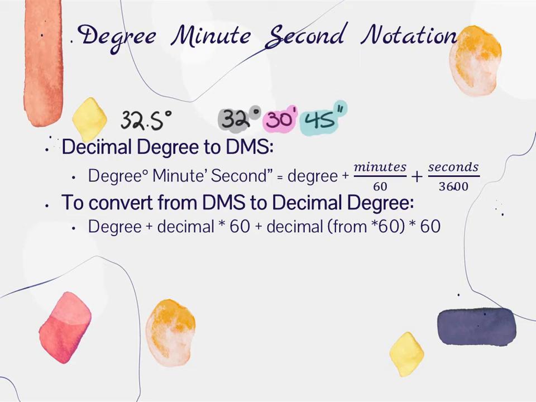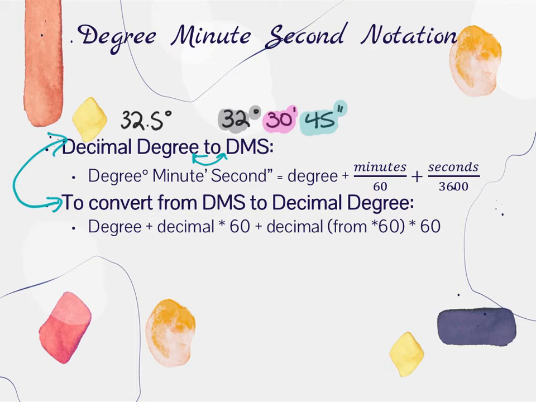You're going to learn how to get from decimal degree to degree minute second and from degree minute second to decimal degree. Sorry, those are switched. This one is degree minute second to decimal degree.